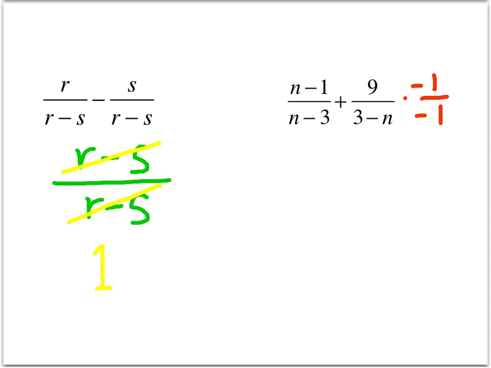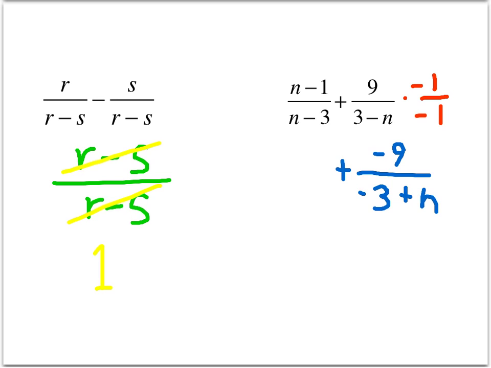Well, I can say that 9 times negative 1 is negative 9. Now, here's the key part right here. When I multiply this negative 1 times 3 minus n, it is like the distributive property. So negative 1 times 3 is negative 3, and negative 1 times negative n is plus n.